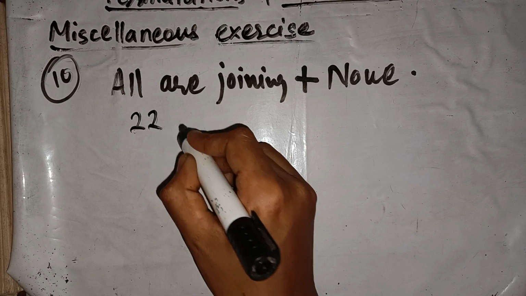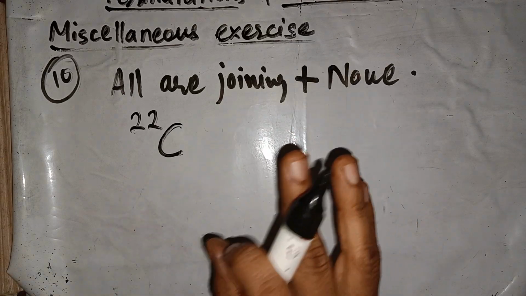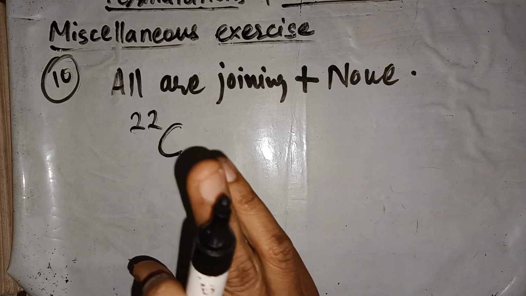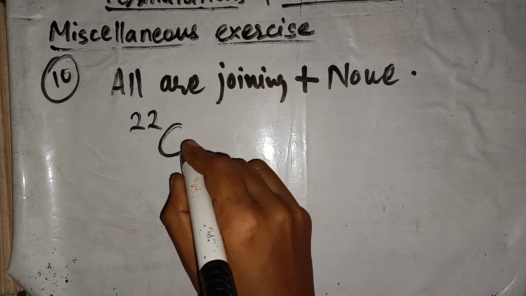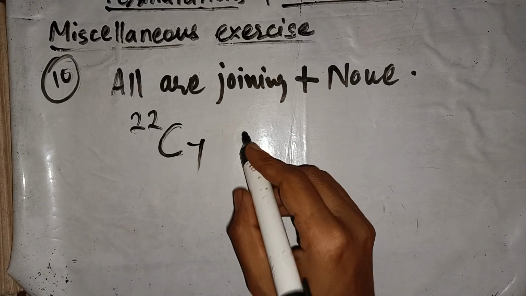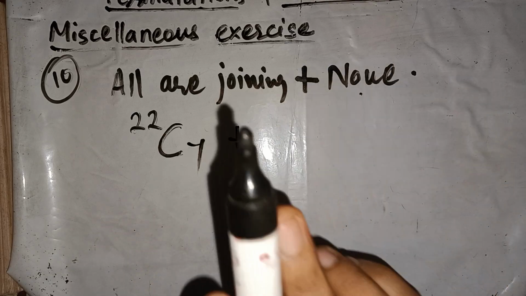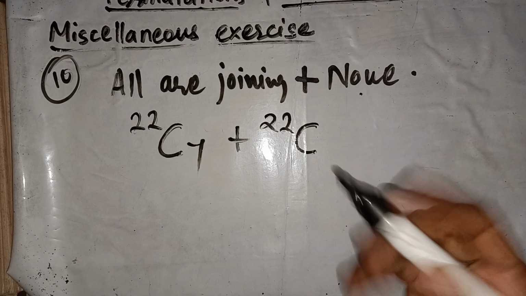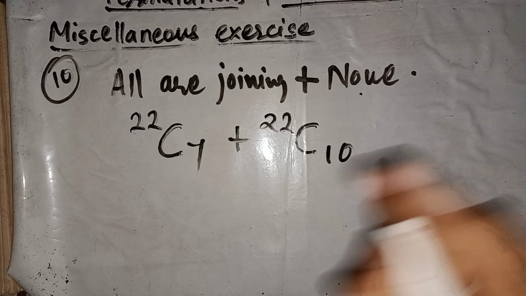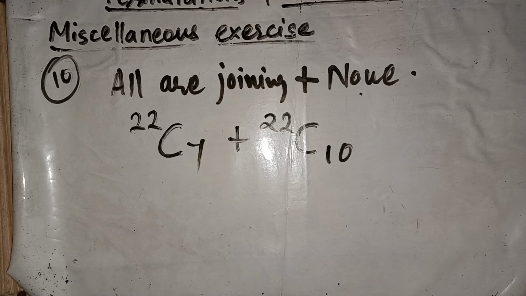Total should be 10, so 10 minus 3 is 7. So we choose 7 from 22 students. And if these 3 are not joining, only 22 are there, out of which we have to choose all 10. So this is the number of ways.